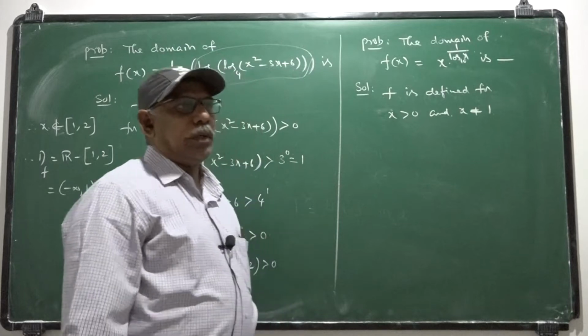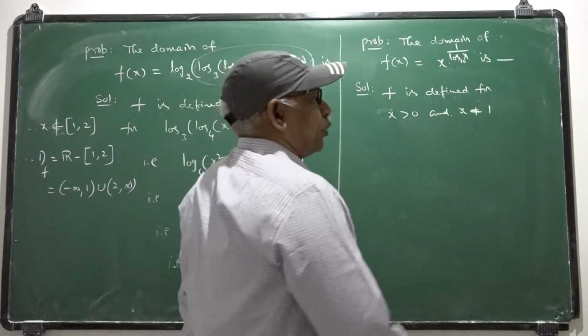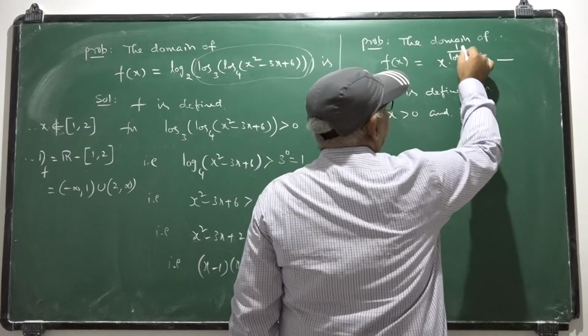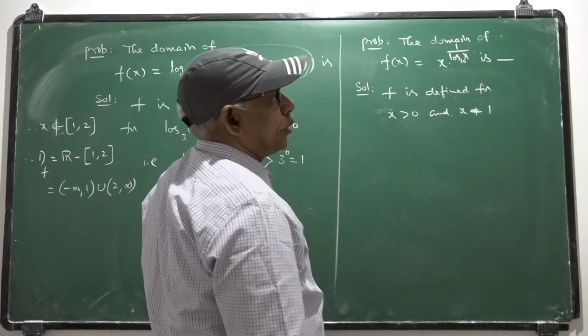Once x takes the value 1, log 1 to the base 10 is 0. It cannot be 0, since 1 by 0 is not defined.